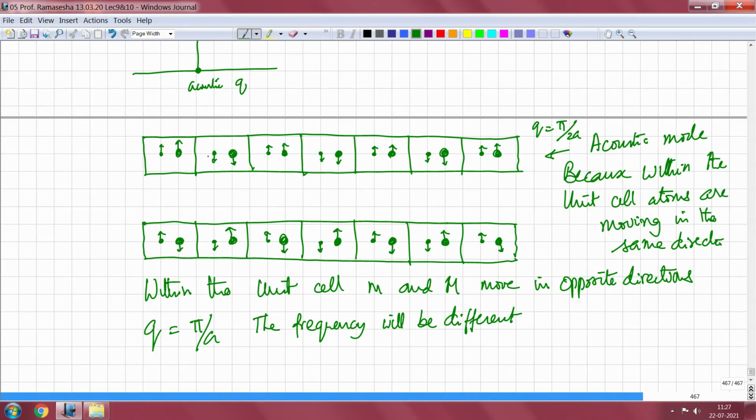So there is some kind of bending here, and same here, but within the unit cell there is no interaction, in the sense both atoms are moving in the same direction, so there is no change. So here omega acoustic at pi by a is non-zero, and here also omega optic at pi by a is non-zero.